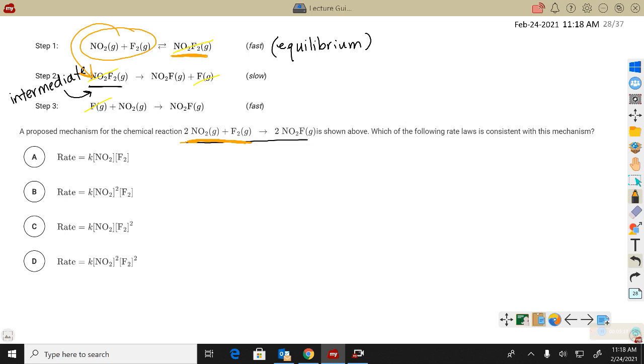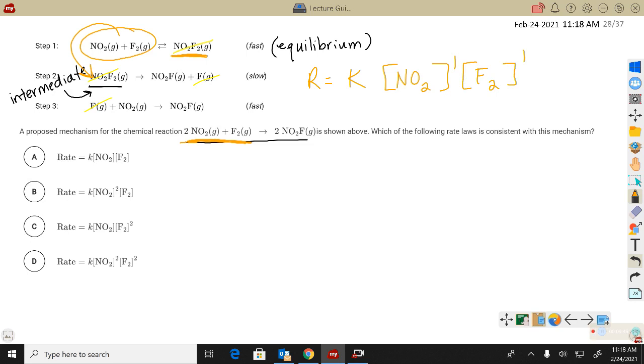And now look what we're going to have in step 2. If I substitute in the equivalent to the intermediate from step 1, and if I write a rate law, then I would have R equals K, my constant, and then I would have the concentration of NO2 to the first, and F2 to the first.